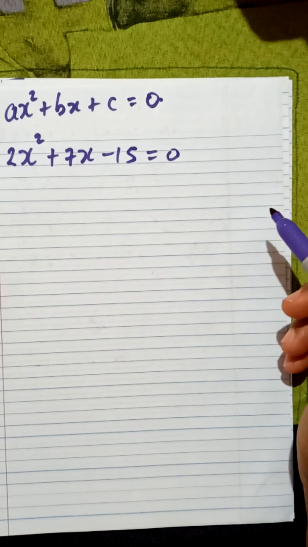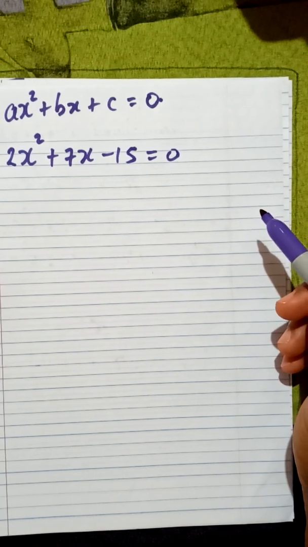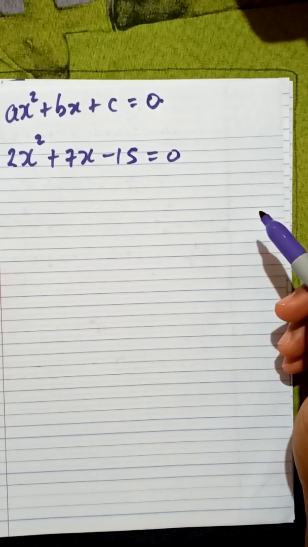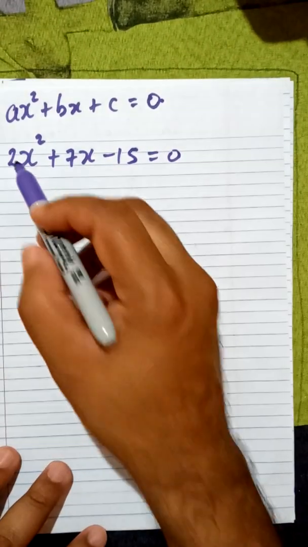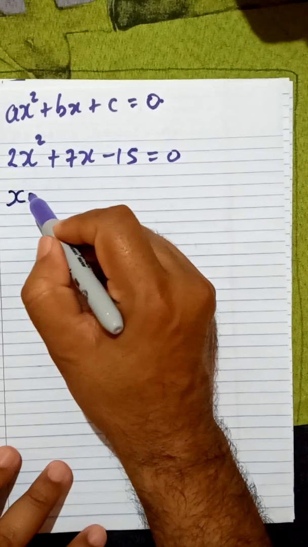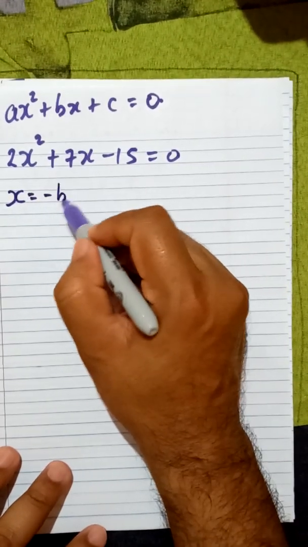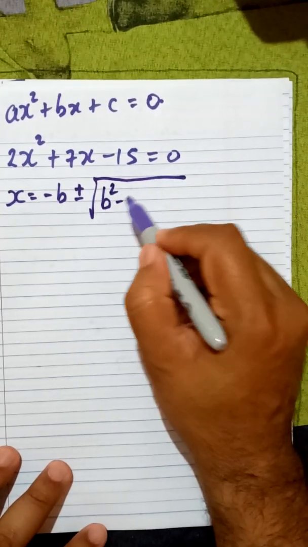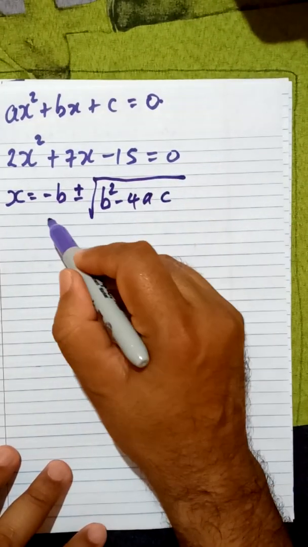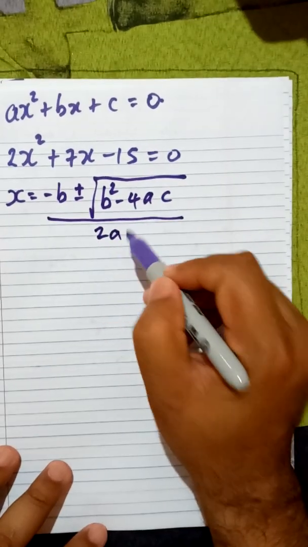Mind you, you can use the method of factorization to solve this equation, but we're going to use the formula. So let me write back the formula again: x equals minus b plus or minus the square root of b squared minus 4ac, all over 2a.